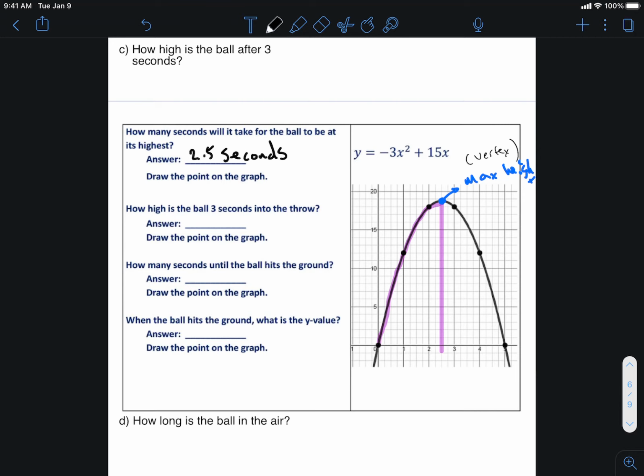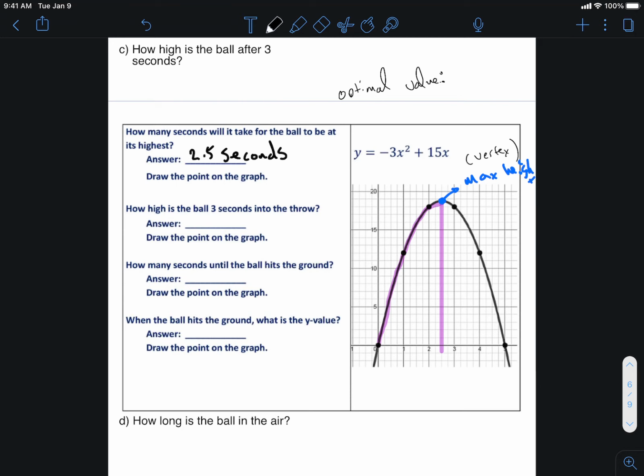Okay, if you guys remember, we talked about how the vertex and the axis of symmetry and direction of opening, how these things are all related. If I asked you what the optimal value was, right? That's asking about what was the maximum height of the ball, right?